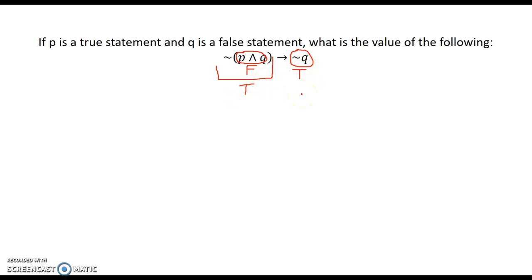I call that the broken promise situation. This if statement was met and the then statement wasn't. We don't have that situation here. We have a true on this side of the implies and a true on the right side of the implies. So because of that, the entire statement here is going to be true.